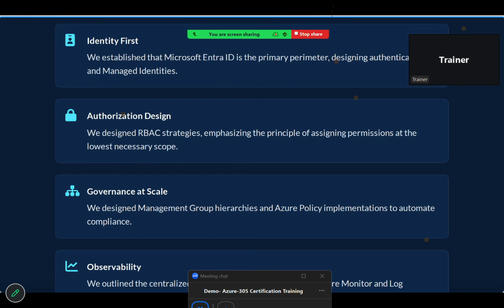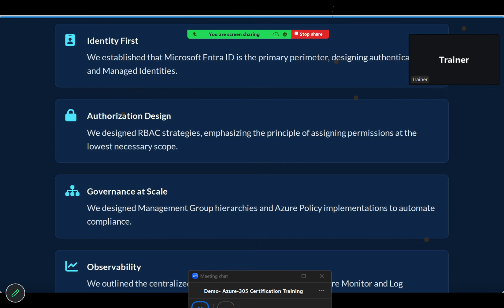So that's today's class. In our next session, session three, we move into one of the largest AZ-305 domains, and we will start designing data storage solutions.